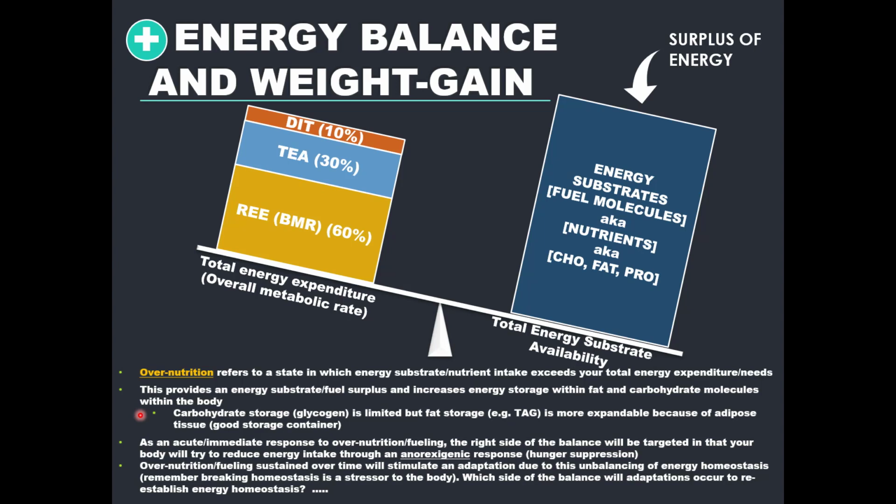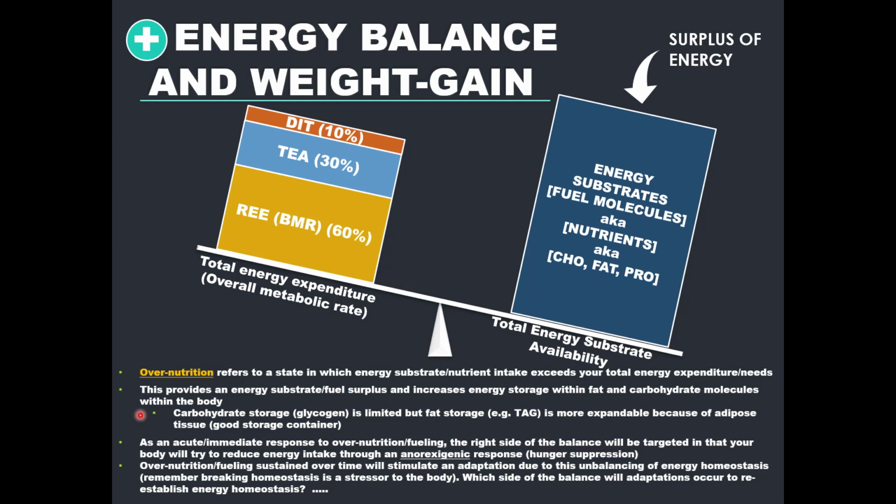Now, one key point is that carbohydrate storage is limited, but fat storage is more expandable because of adipose tissue being a good fuel reserve tank. This reserve tank called adipose is highly expandable because its cells, the adipocytes or adipose cells, are very expandable and thus can hold a relatively large amount of fat molecules, your triglycerides or triacylglycerol molecules.